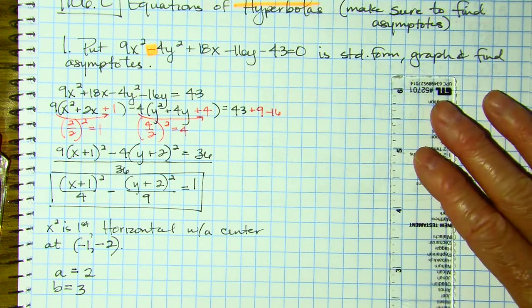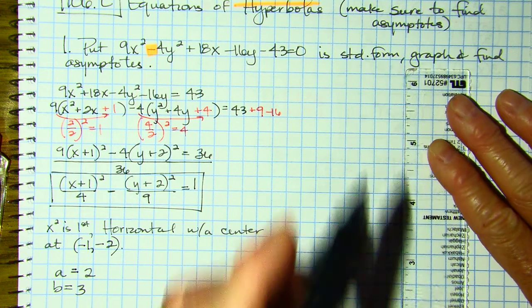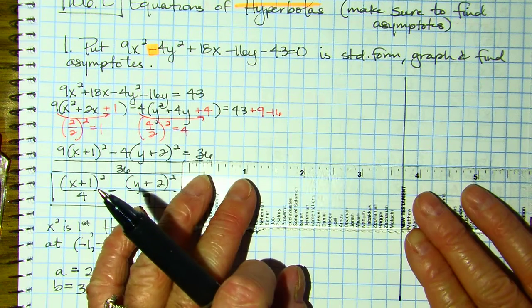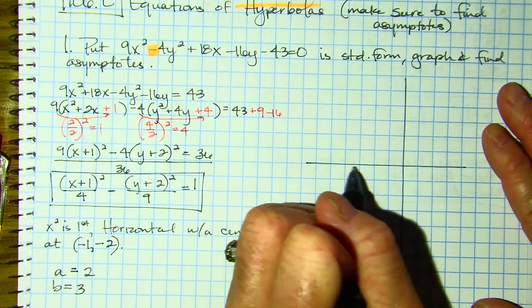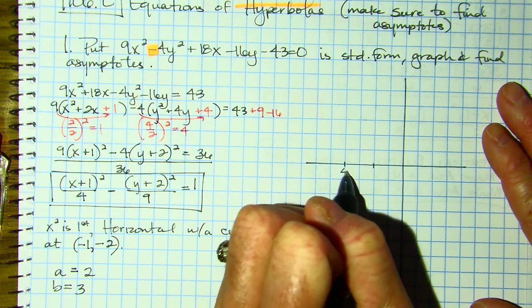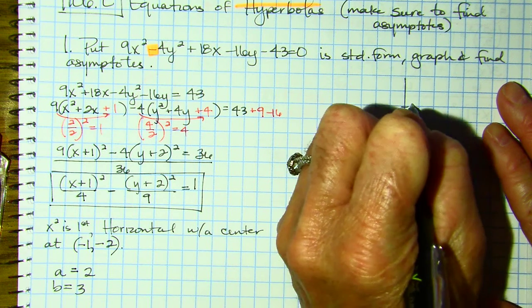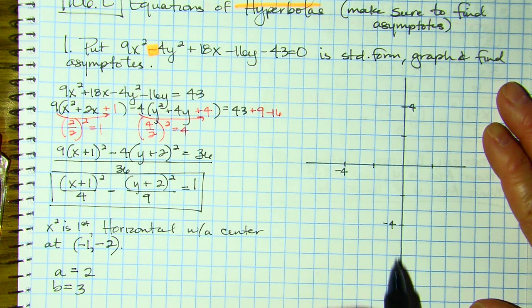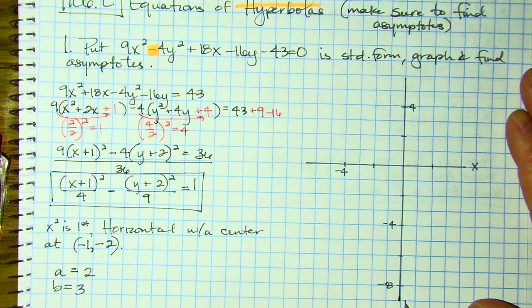So let's start the graph on this one. I'm just going to label one box because that is kind of time consuming. Here's x, here's y.